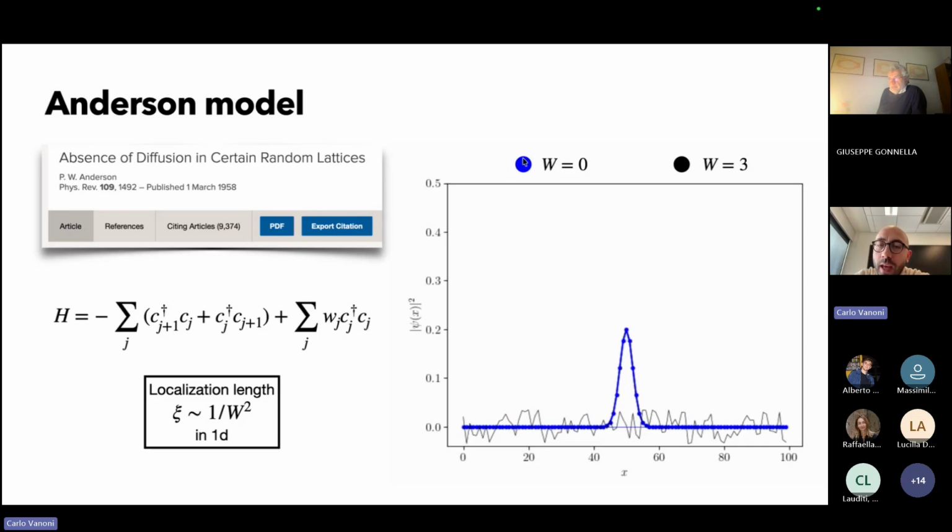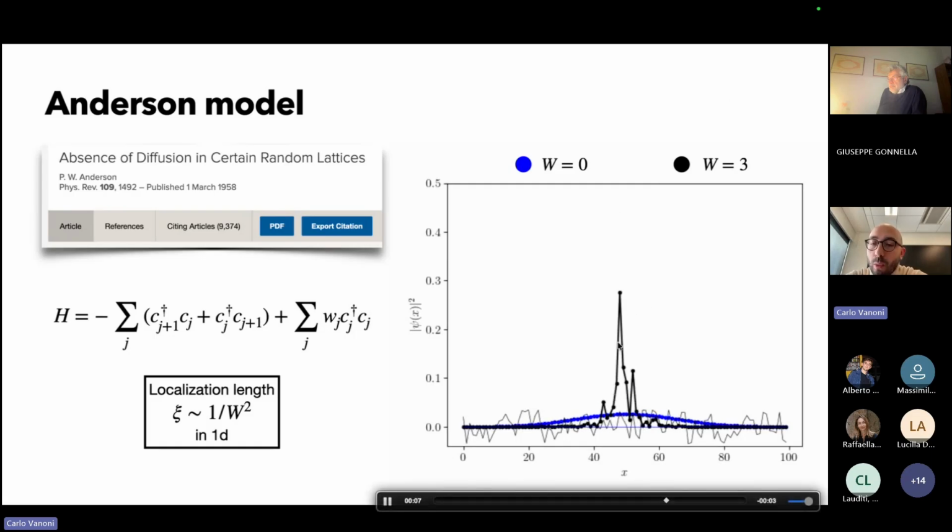The blue curve is in absence of disorder, so what you would get in a clean lattice. And the black curve is in presence of disorder. So you can see that the blue curve is spreading out, and so the particle is diffusing and going around. But the black one, which is in presence of disorder, stays localized in the same position, is not moving. And that's exactly what localization means.